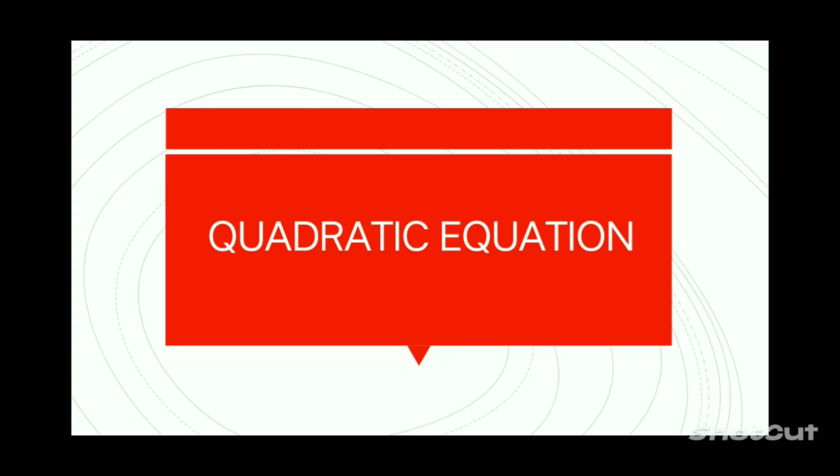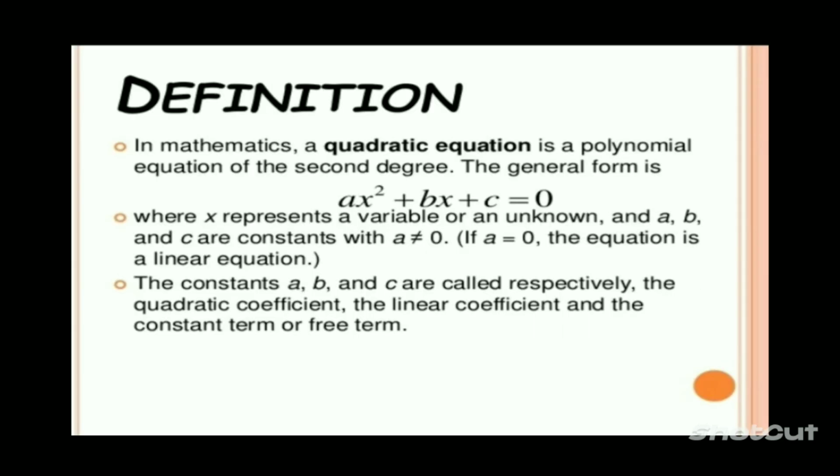So hey guys, our topic for today is about quadratic equations. So what is a quadratic equation? In mathematics, a quadratic equation is a polynomial equation of the second degree.